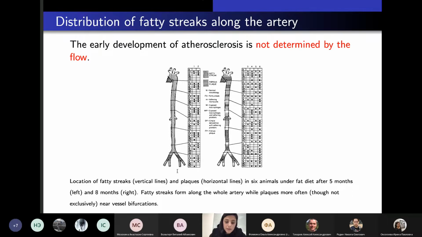We can notice that fatty streaks in general form along the whole artery, while plaques form more often near vessel bifurcation. So we can say that the early development of atherosclerosis is not determined by the flow. In other words, the flow does not influence the emergence of fatty streaks.